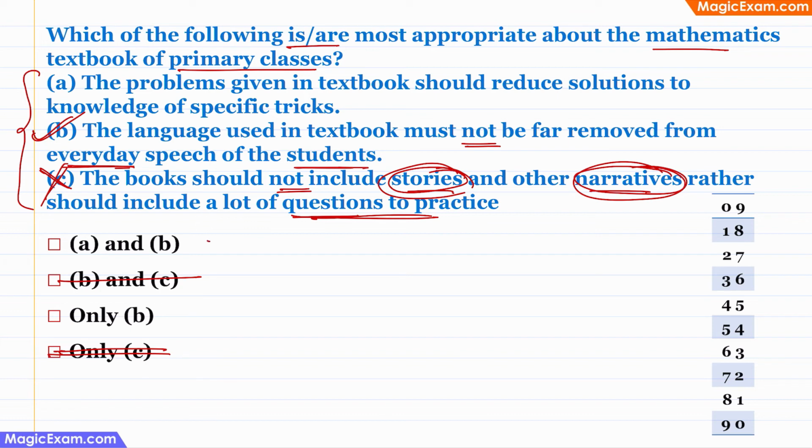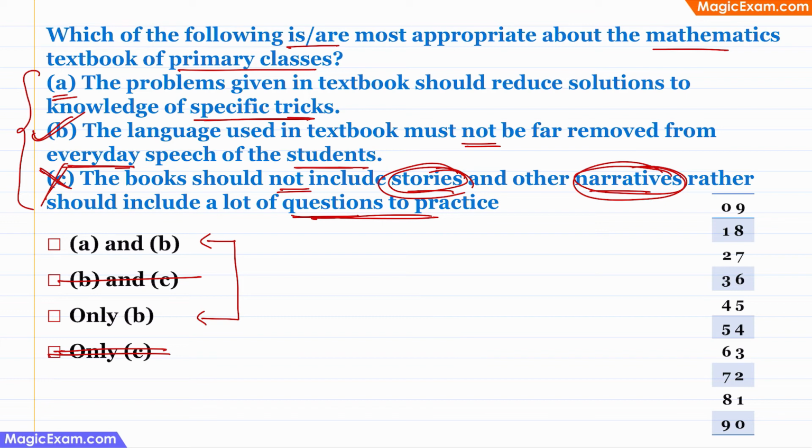Now we have to see whether it is A and B or only B. Now statement A says the problems given in the textbook should reduce solutions to knowledge of specific tricks. Now let me give you an example here to illustrate what this statement means.